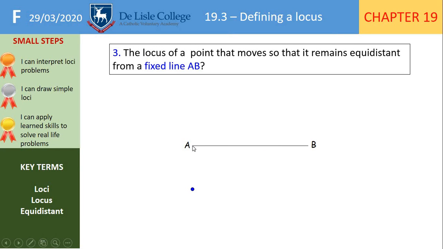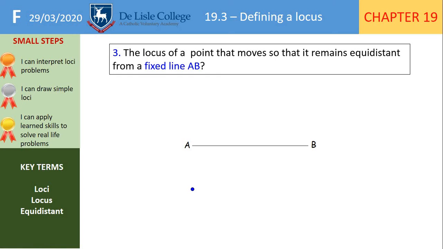Now if, for instance, I wanted to show a path of points, a locus of a point, which was 3 centimeters away from the line AB, then I might start by drawing a perpendicular line down here, or measuring a perpendicular distance of 3 centimeters from point A, doing the same at point B, and then drawing a line between the two to draw a line that's parallel, because all of those points on that parallel line here would be 3 centimeters away from AB.